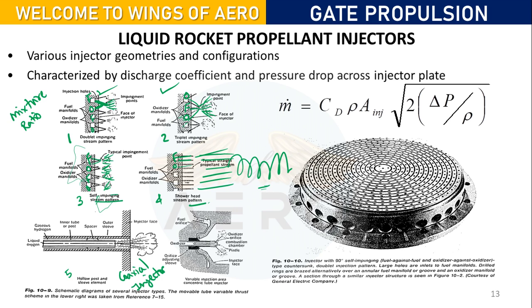Mostly nowadays we use this coaxial injector, though its design is very complicated, very complex in nature. But still it has proven advantageous from the point of view of combustion. In most cases we use coaxial injectors.